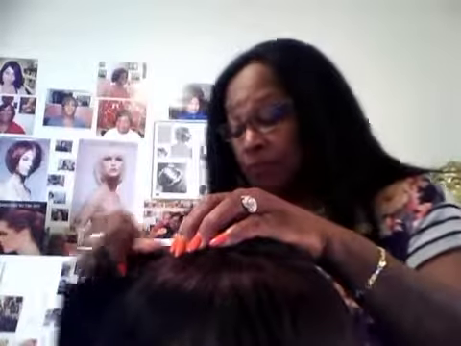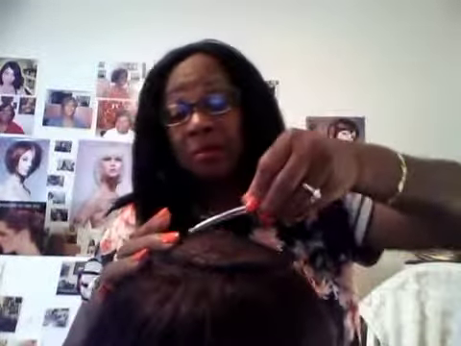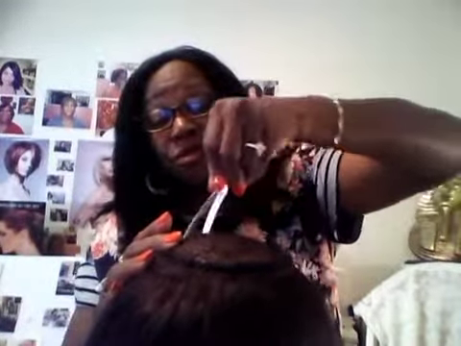I'm bringing this around the perimeter of the hair. She has hair here, so I don't have to make this so thick. So, what I'm going to do is stop it right here, and I'm going to move around. Again, the bob style is going to be the best style for you to use.